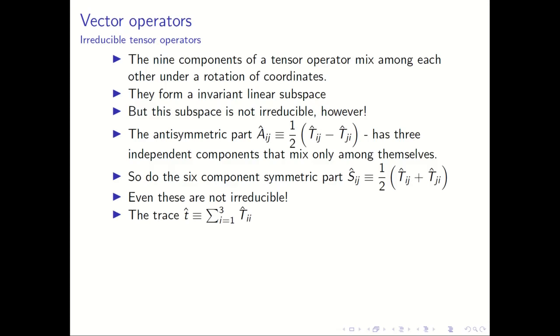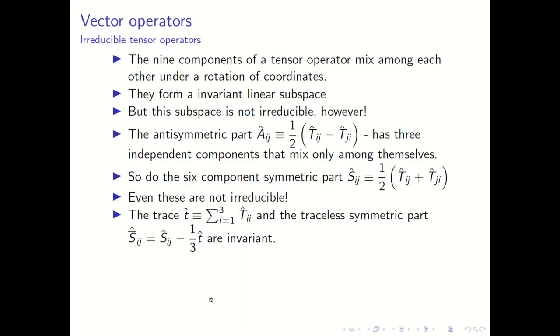You already know that because if you form the trace Tii, which for our direct product of Vi Wj would have been just V dot W, the sum over the 3 components V1 W1 plus V2 W2 plus V3 W3, this of course does not change when you rotate your coordinates, so it only mixes with itself, nothing else. So the trace by itself forms a one-dimensional invariant subspace.